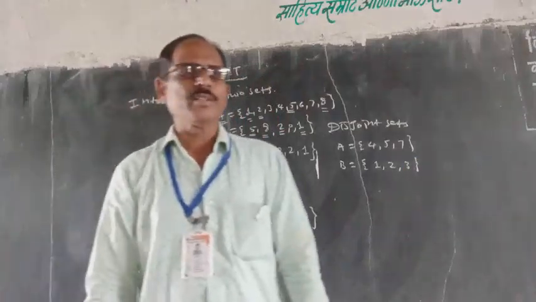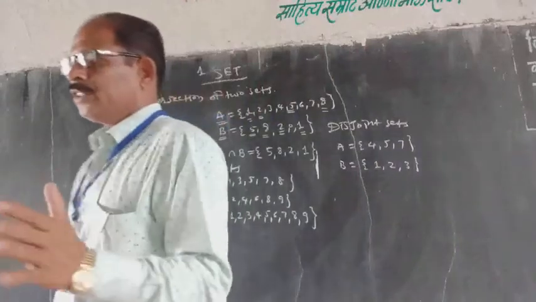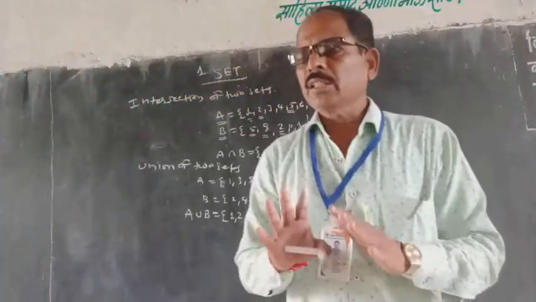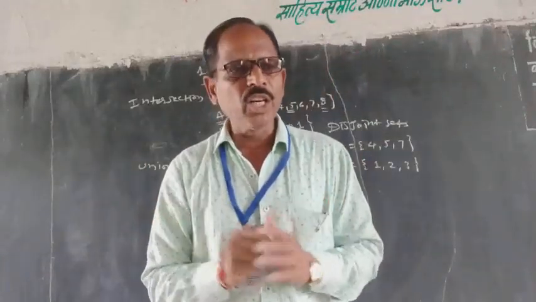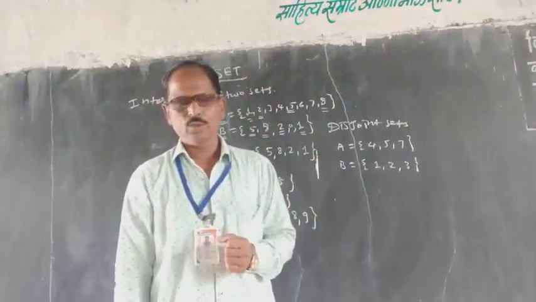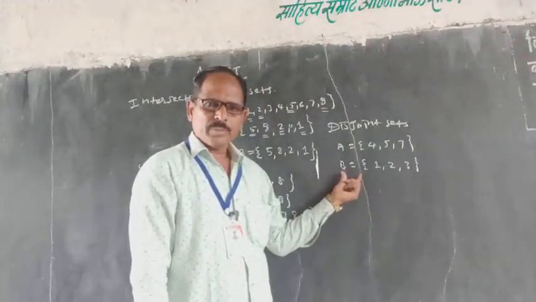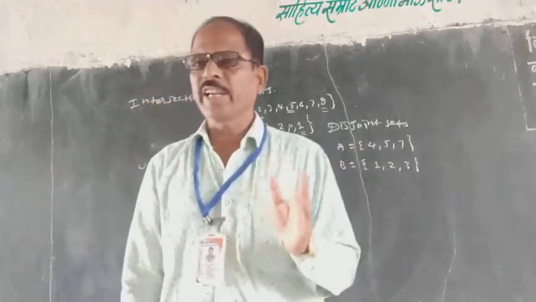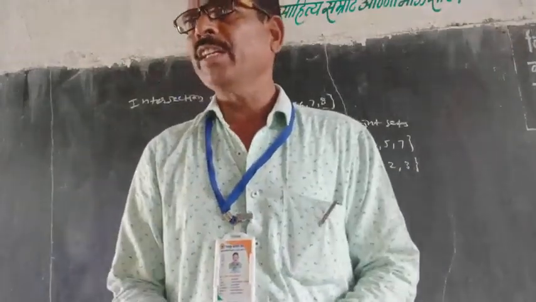Comparing these two sets, there is no common element, no similar element, no equal element in the given sets A and B. So A does not match B, B does not match A, then the sets A and B are called disjoint sets.